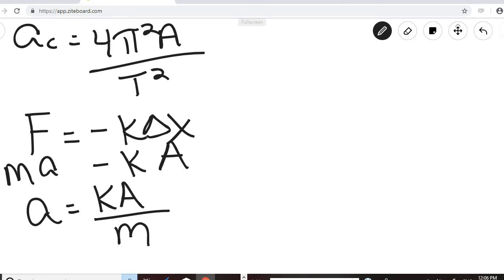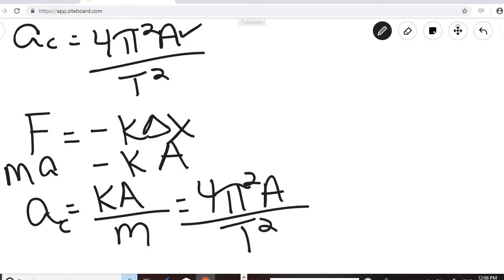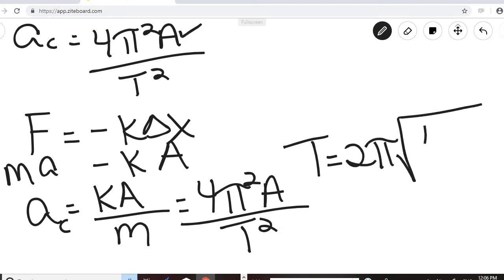Okay, so this we've already said is acceleration. So now let's set this equal to that, because this also is acceleration. If we do that and solve for T, what we end up with is that T is equal to 2 times pi times the square root of the mass divided by k.